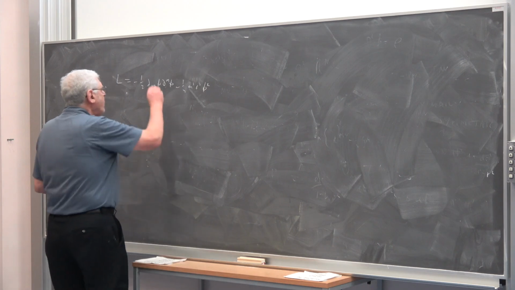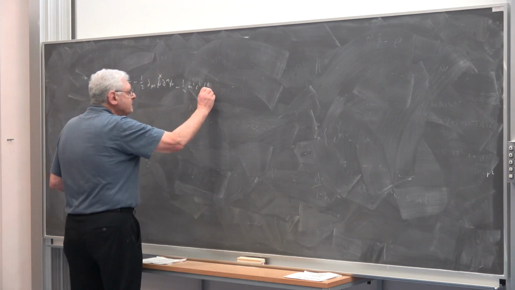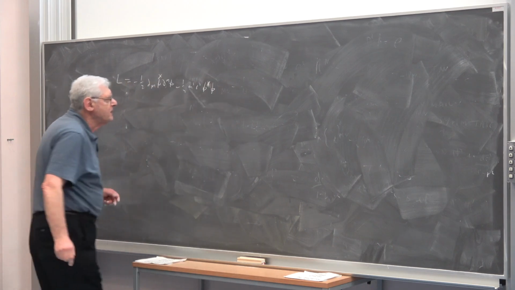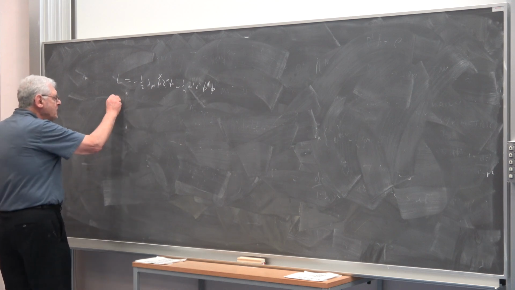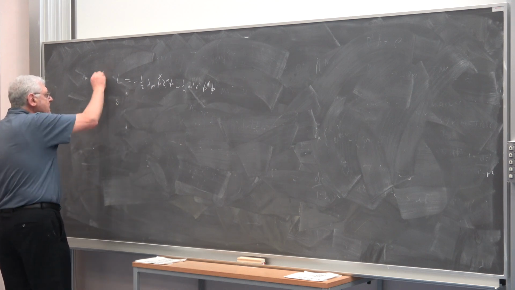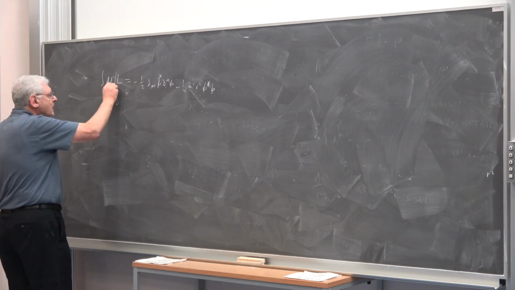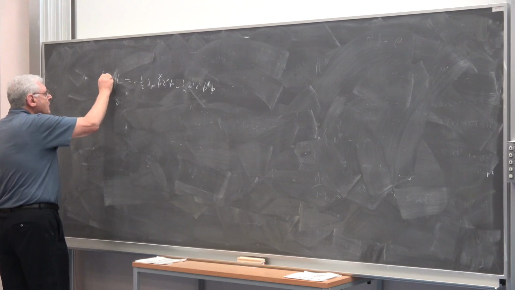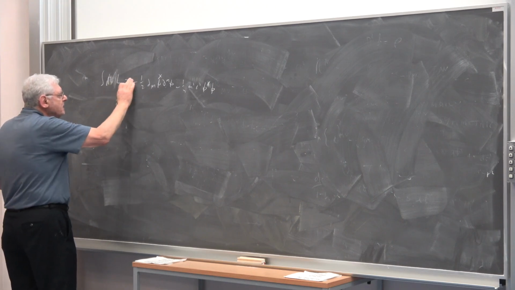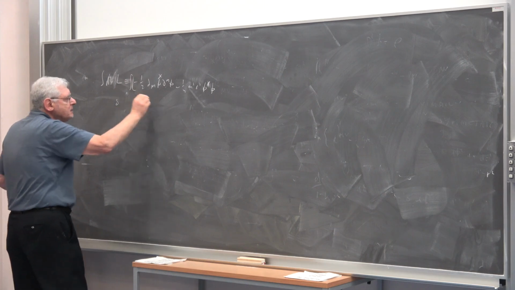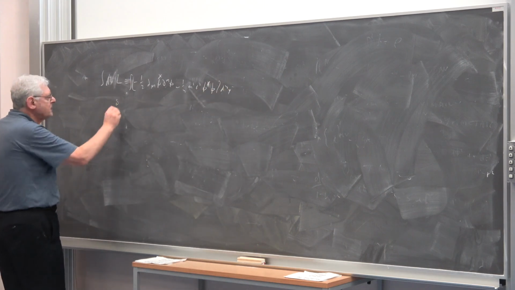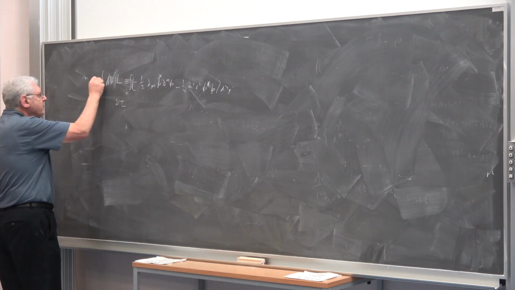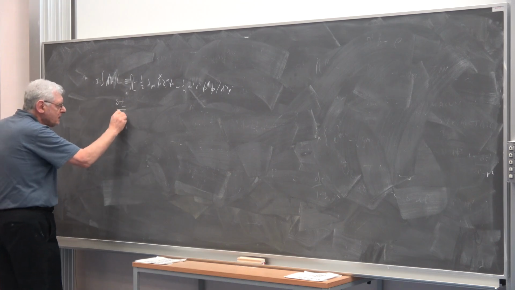I'm going to take that to be complex, φ star φ. The equation of motion is the variation of the action, that's the Lagrangian, the action is the integral d4x times the Lagrangian. The equation of motion is the variation of the action with respect to the field.